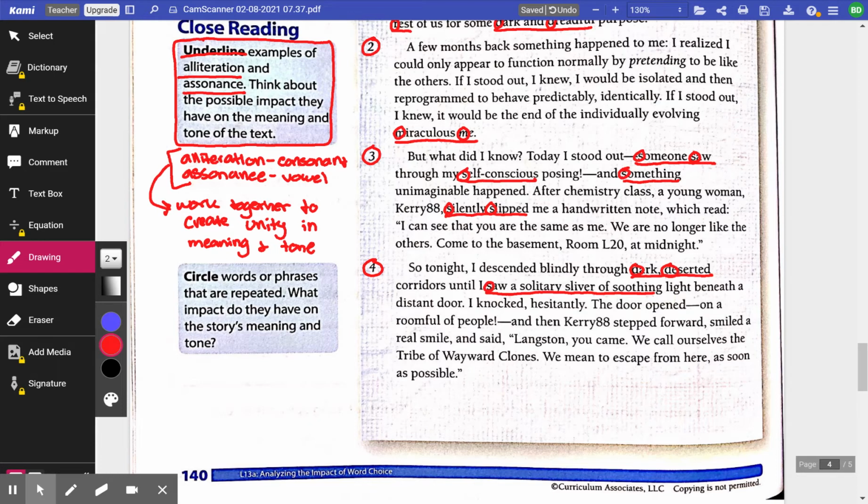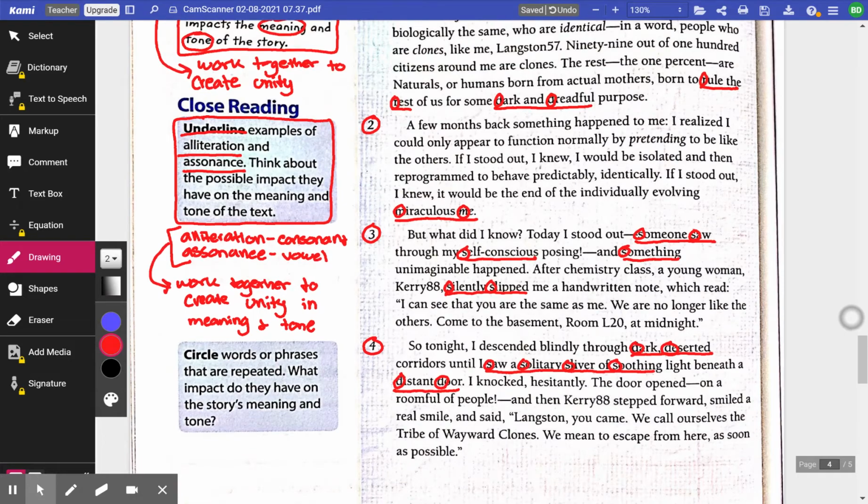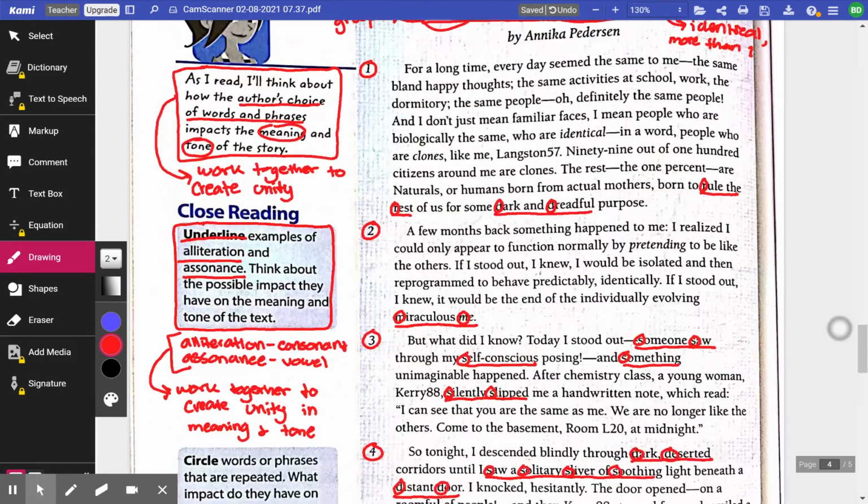All those S's at the beginning. It's kind of soothing sounding, right? Solitary sliver of soothing light. It kind of makes us feel calm right there. And then we have another example, distant door.